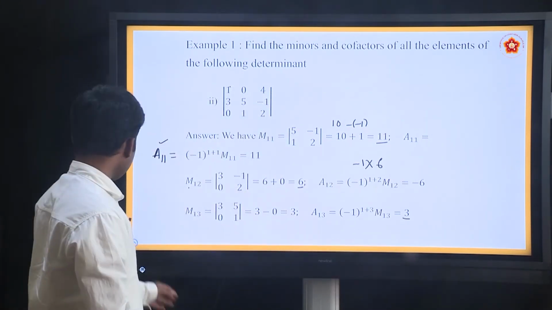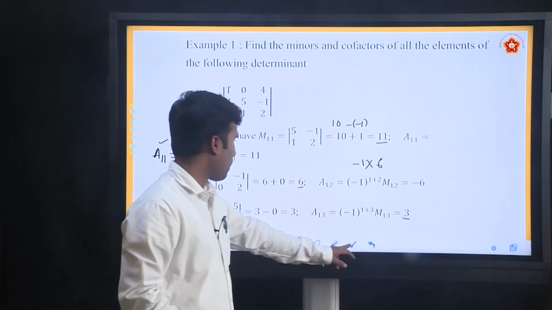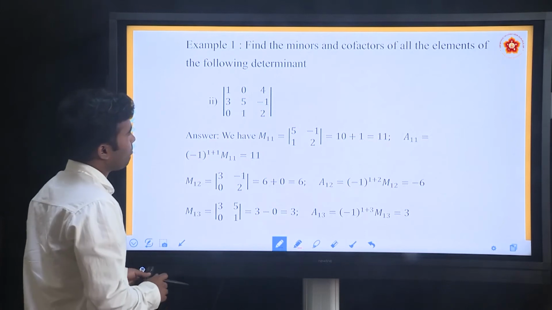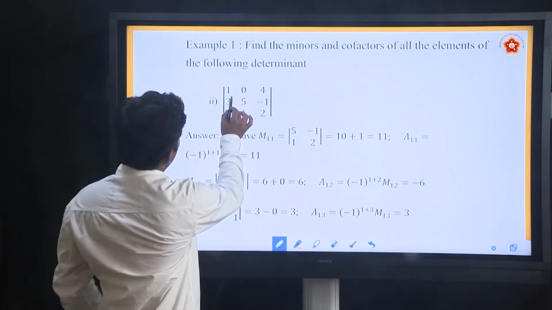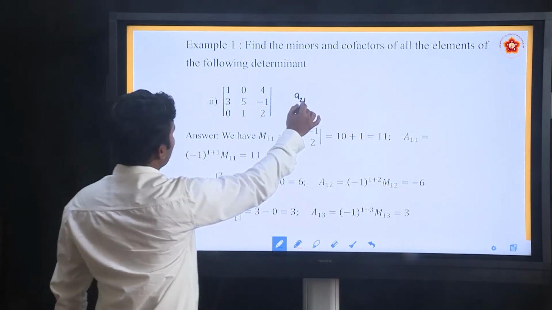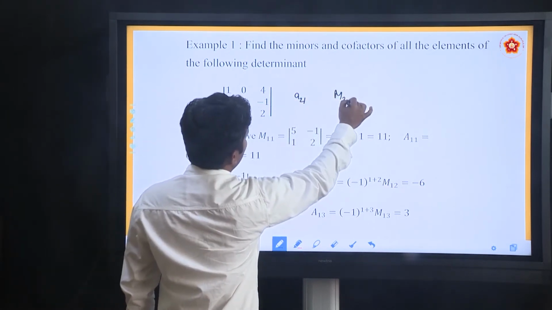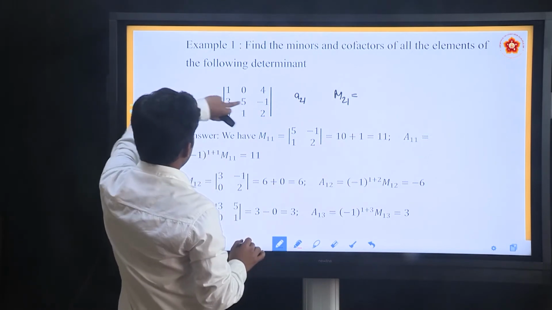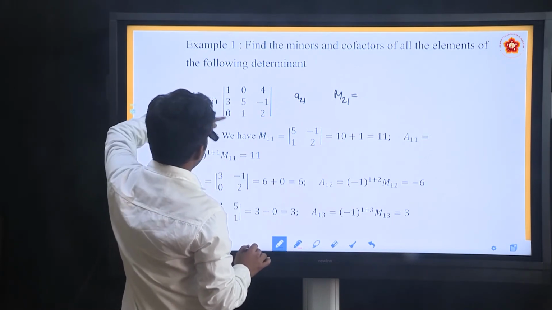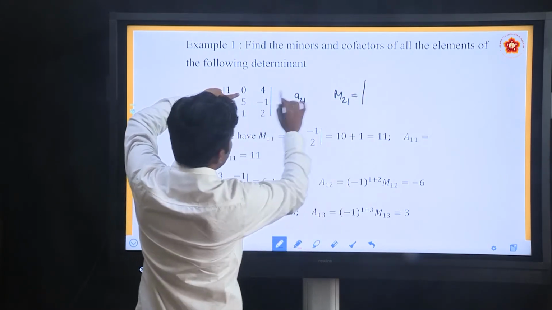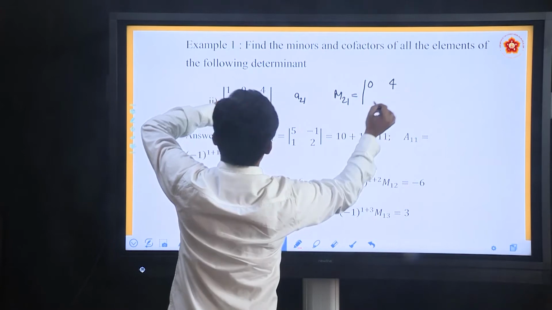Now similarly we can find minors and cofactors of the other rows. Here, the position of this element is a21. So, how can you find m21, which is the minor? Where 3 lies, second row, first column, you just delete that and take the determinant of the other elements, 0, 4 and 1, 2.